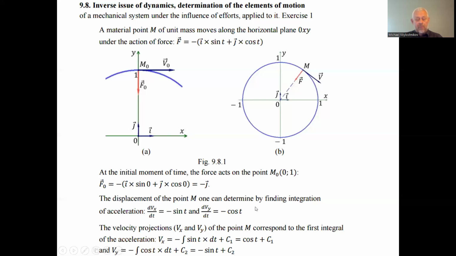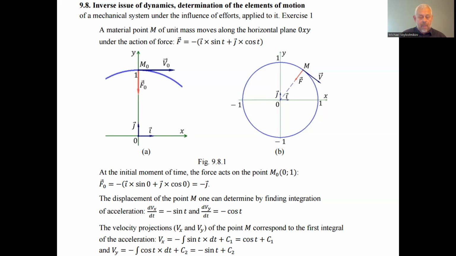The displacement of the point M can be defined by finding the integration of the acceleration. So if we have accelerations, and we have accelerations because we have the mass assigned, unit mass. So having the force, we can find the acceleration due to the second law of Isaac Newton, a law that holds in the inertial coordinate system, in which the coordinate system is moving linearly and with constant velocity, or the stationary system.